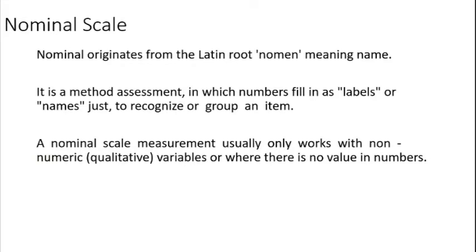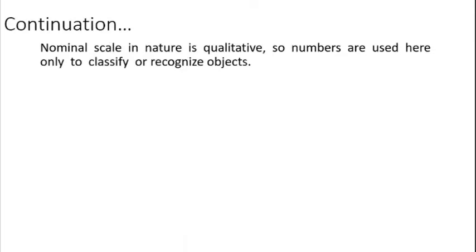A nominal scale measurement usually works with non-numeric variables or qualitative variables, or where there is no value in numbers. Let us see some examples of what we mean, where numbers are just used for classification or recognizing objects.